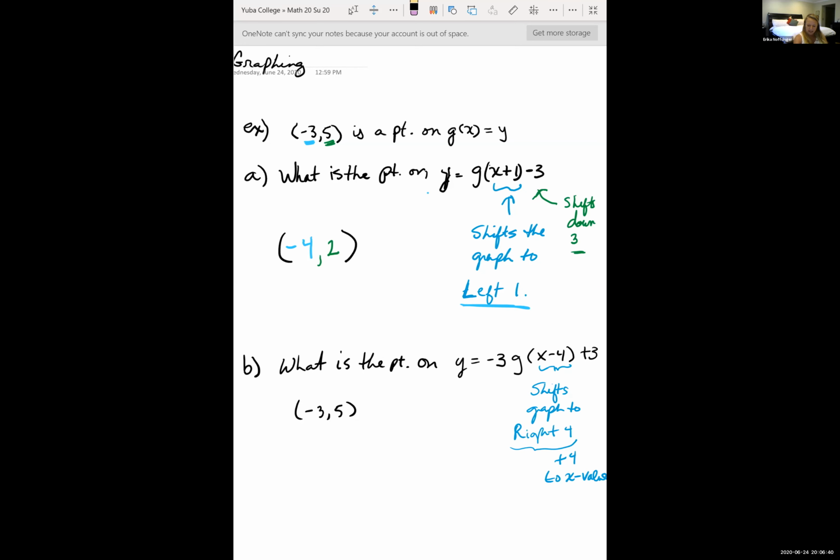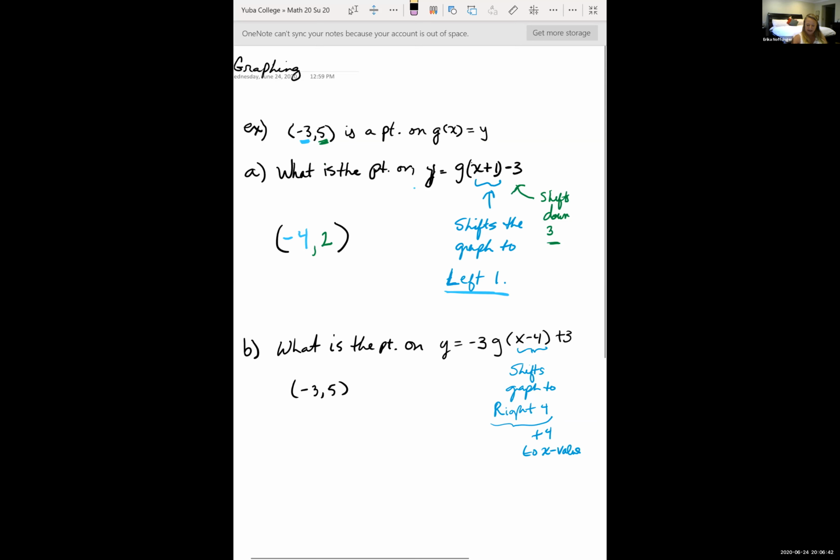We have this -3 outside, and that -3, think of it, this is g of x. And so basically you're multiplying this g of x, which is another way to say y, by -3. And so this -3 is actually, the negative is doing a reflection, but the 3 is also stretching or shrinking. And so this is -3 times y.